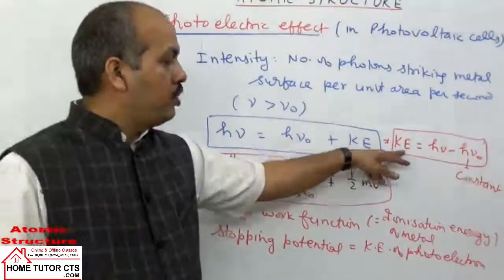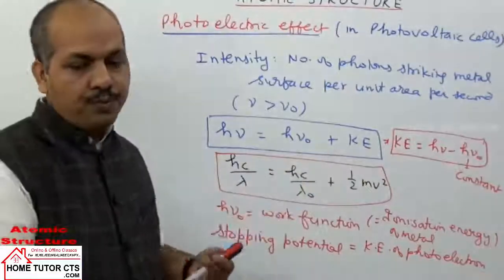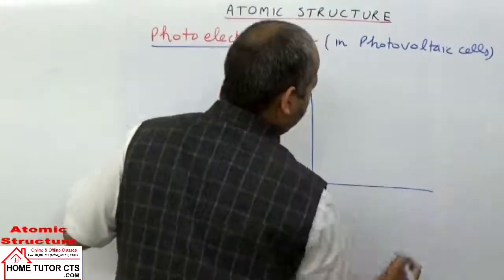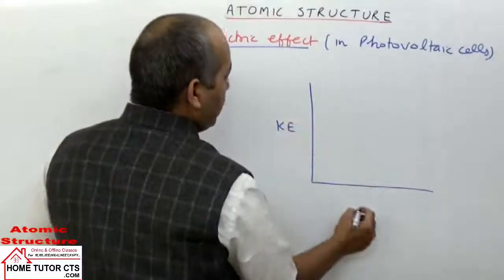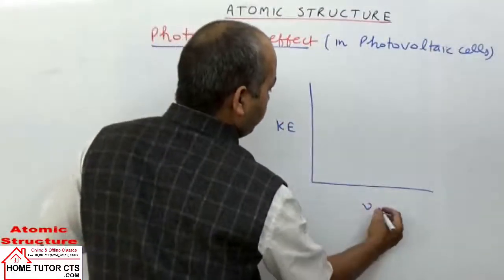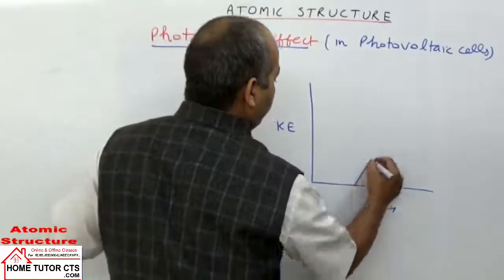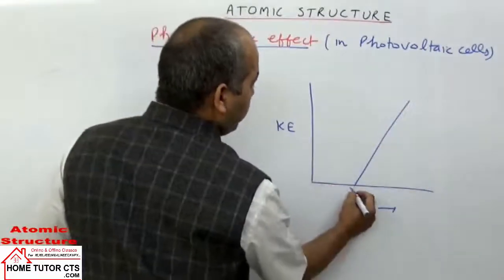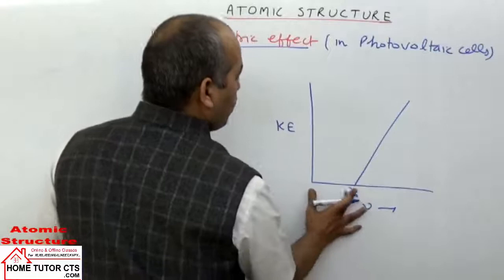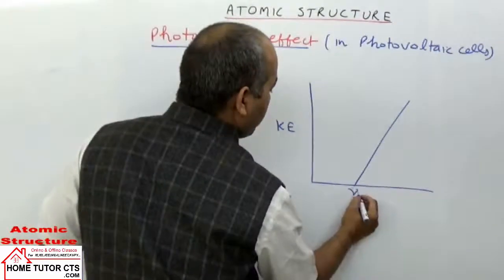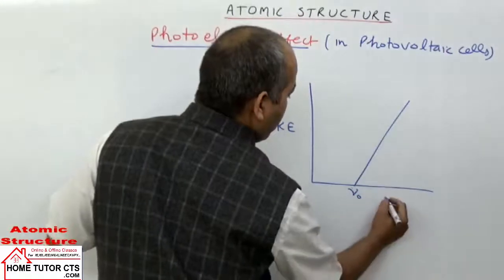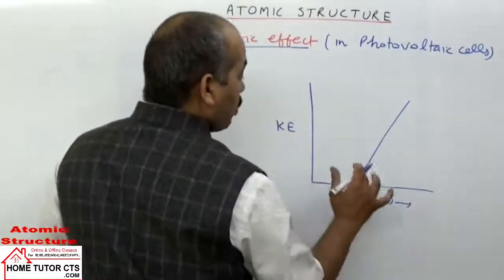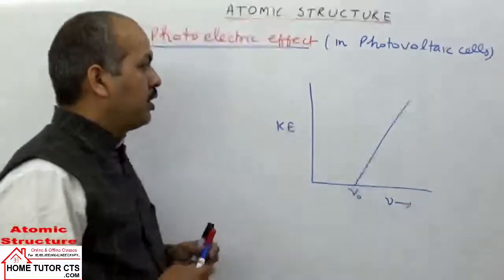For kinetic energy, a graph can be given to you. If you draw the graph of kinetic energy and frequency of photon, we get this kind of graph. Up to this value of nu naught, electron cannot be ejected.